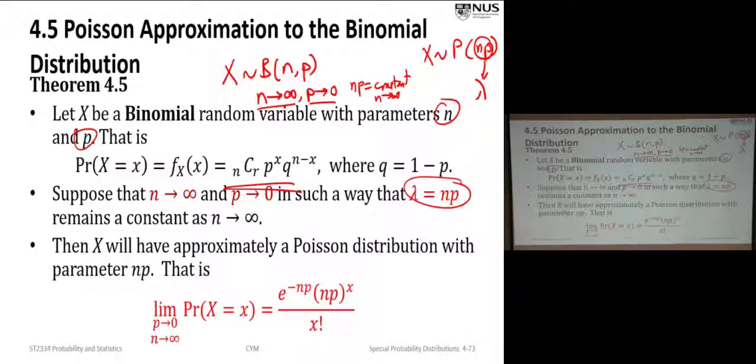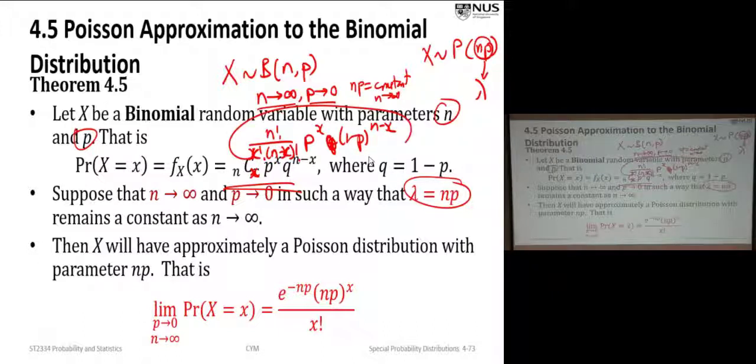So in other words, they can prove that, but we don't bother. So this is n factorial over x factorial times n minus x factorial, choose x out of n, times p to the x and q, or 1 minus p, to the n minus x.